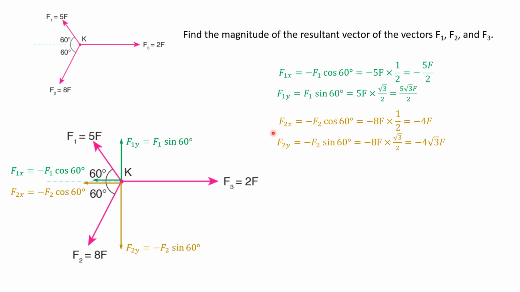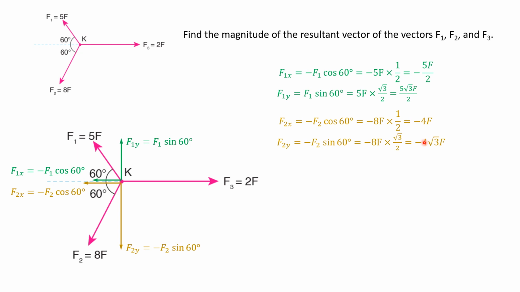In a similar manner, we can calculate x and y components of F2. It's going to be negative F2 times cosine 60 for the x component and negative F2 times sine 60 for the y component, and cosine 60 is half again, and then sine 60 is √3/2. If we proceed and calculate this, we're going to get negative 4F for x component and negative 4 times √3 times F for y component.